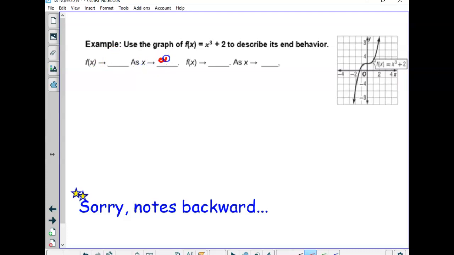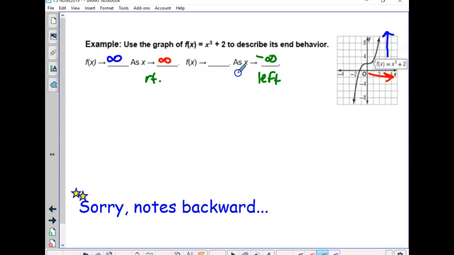Okay, if we do the right, that's an x value of infinity. So as this graph goes off to the right, what are you going to tell me? The y is going up. So y is positive infinity. Okay, what's the second part? I already did x right, so now I have to do x left, which is negative infinity.